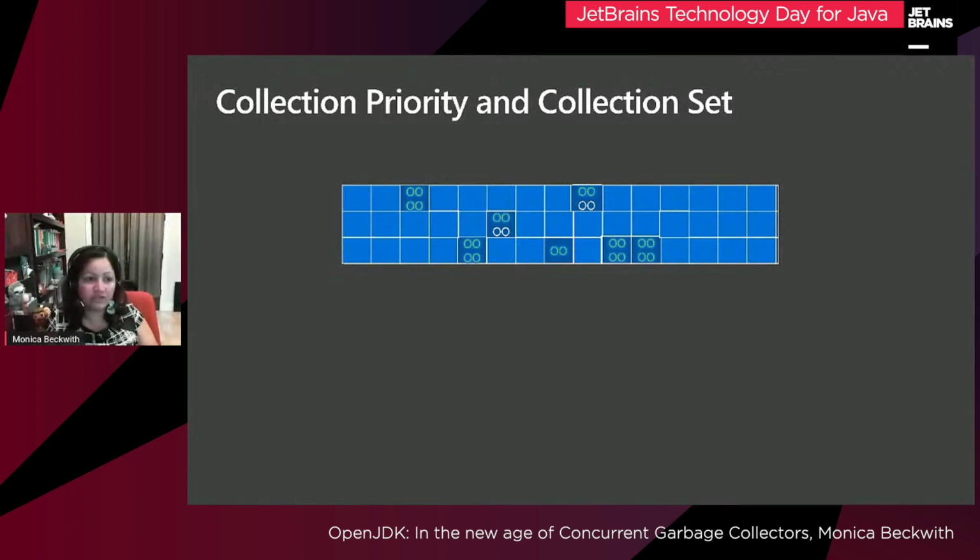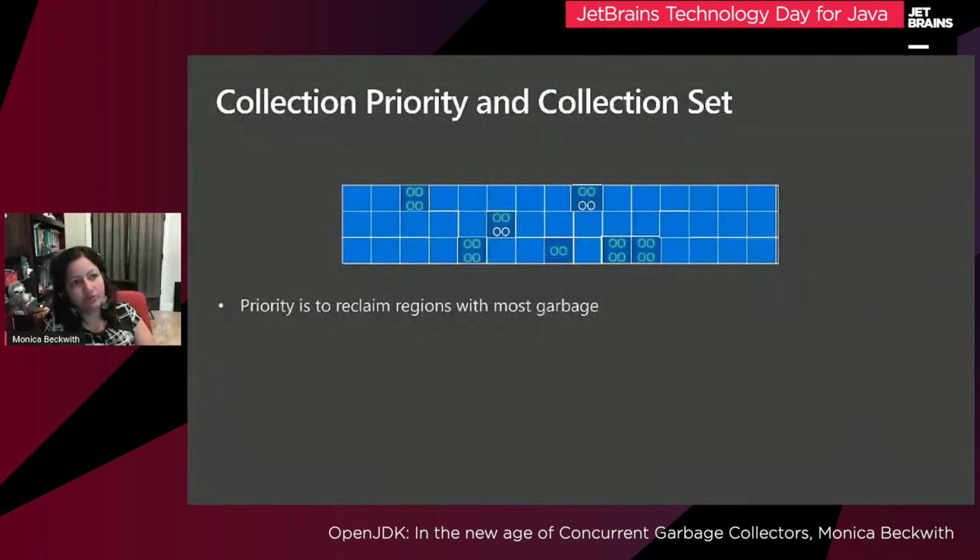The number one priority is to reclaim regions with the most garbage, okay? And how do we do that? How do we identify these candidate regions? We basically do the marking, and then in G1's case, for example, we arrange them from the most to the least, like objects and expense, or whatever.